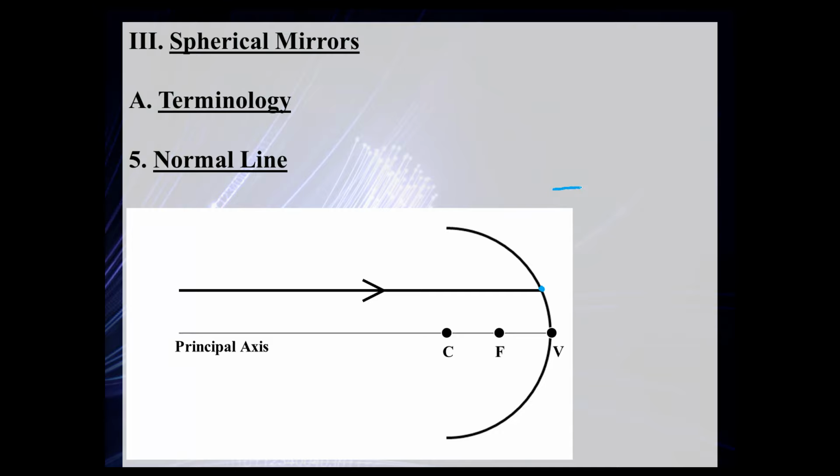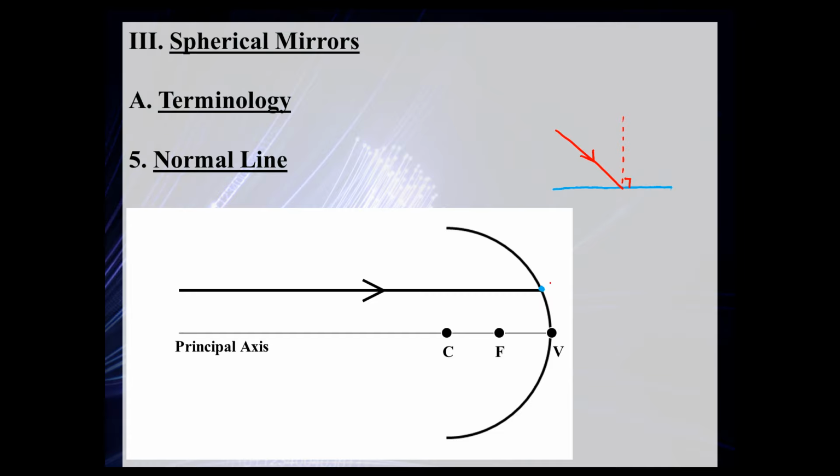So for example, if we had a reflecting surface like this, and then we had a ray of light that's incident upon it, your normal line was perpendicular to your reflecting surface at the point of contact of the ray.